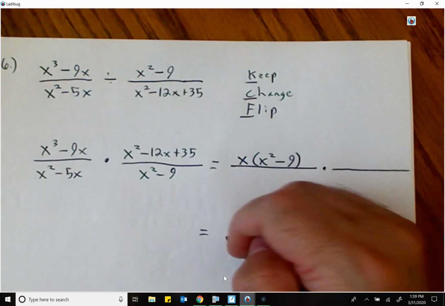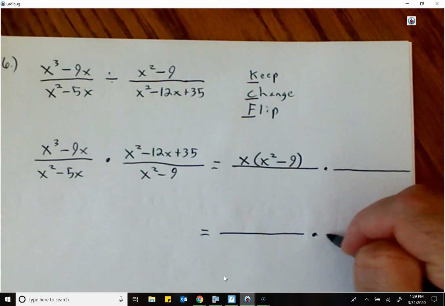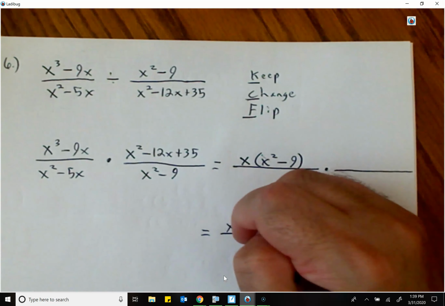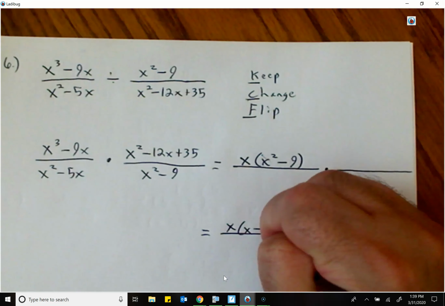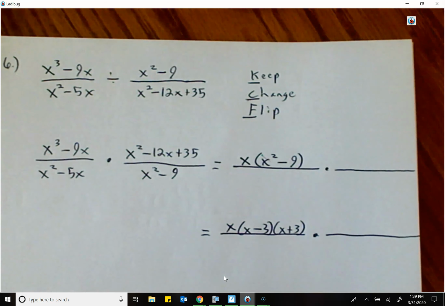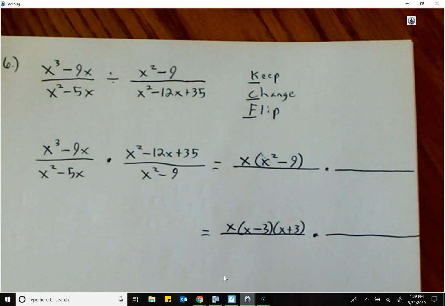This x squared minus 9 is a difference of squares. So this factors into x, the GCF still there, times x minus 3, times x plus 3. So that is the full numerator right here factored. You have to make sure you factor it all the way down.